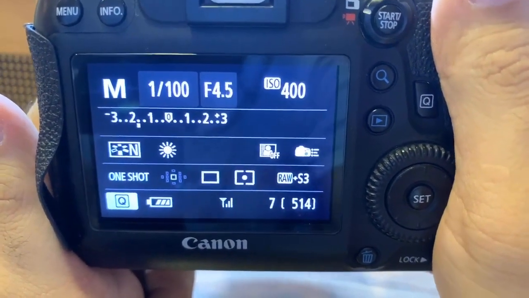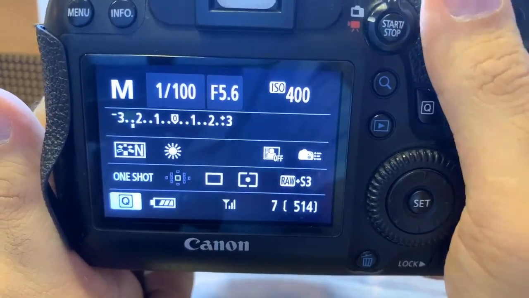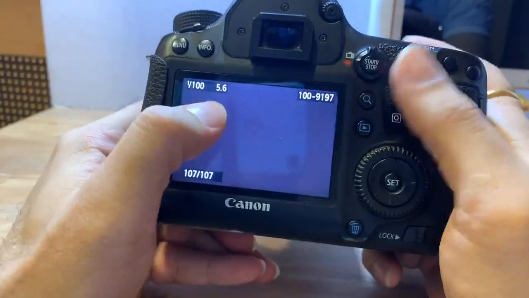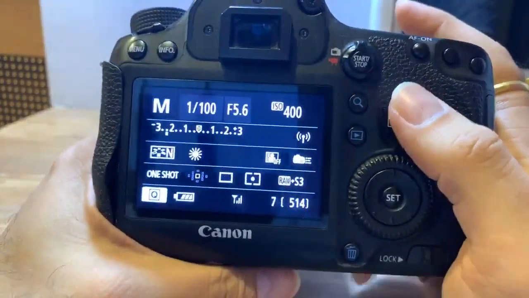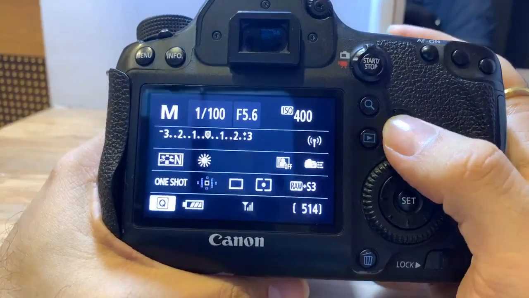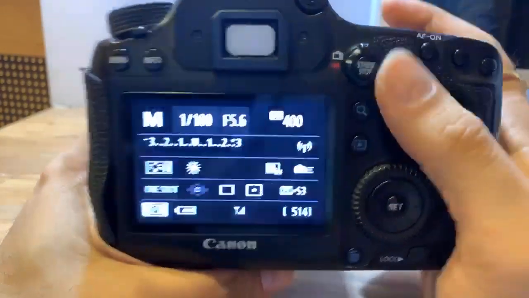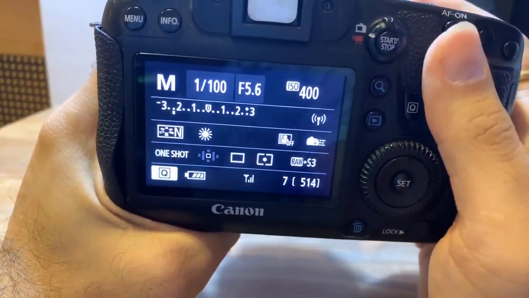Perfect. So can you tell me how many stops I passed? I was at F5.6, I think. Let me see what F number I was at before. Yes, I was at 5.6. Let me count how many stops I am changing to get my cursor in the center.